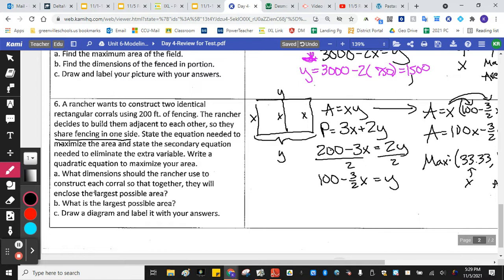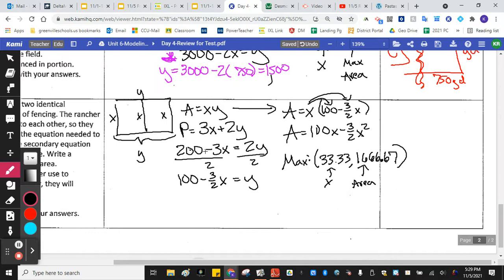What dimensions should the ranchers use to construct each corral so that together they will form the largest possible area? So our dimensions are x times our y's. So we have x, we do not have y. So I'm going to use this equation to solve for y, because it is solved for y already. 3/2 times 33.33. And since I rounded, this will be rounded a little bit.